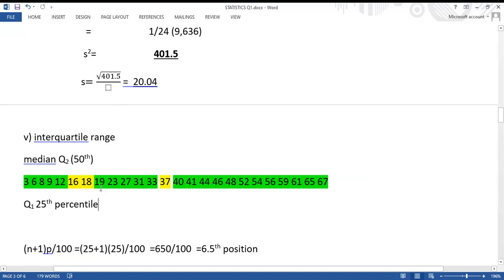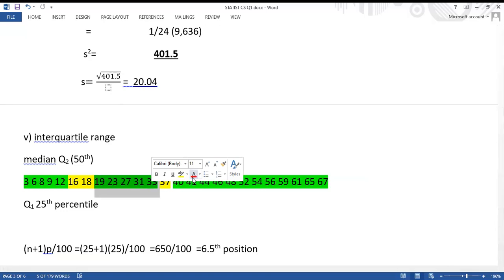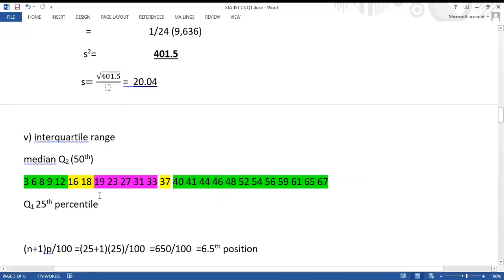So we've divided this lower half, let me put it in another color, into two parts. This part here, 1, 2, 3, 4, 5, and this other part here, 1, 2, 3, 4, 5. We have divided the lower half of the data into two equal parts.